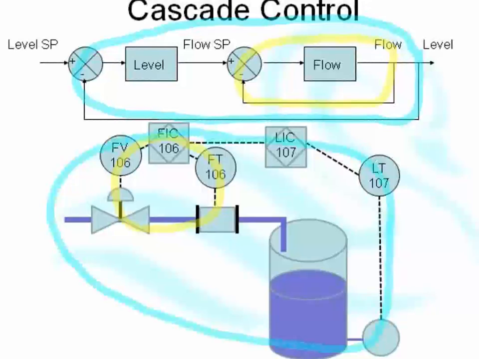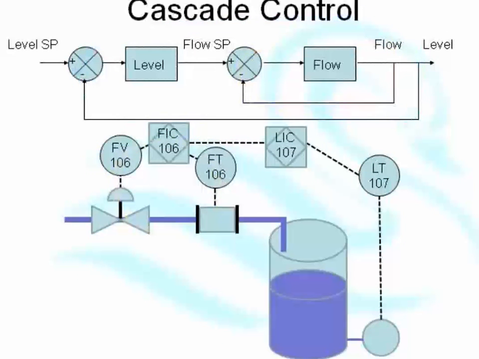So with this, the level transmitter goes to the level indicator controller, but the level indicator controller does not output directly to the valve. Instead, it outputs to the flow set point.